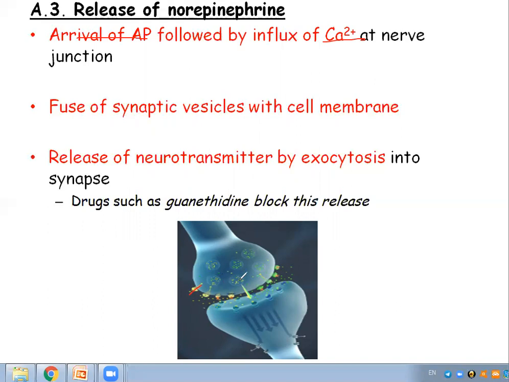Then the vesicle fuses with the cell membrane of the presynaptic neuron, causing the release of the neurotransmitter into the synapse by a process called exocytosis. This step can be inhibited or blocked by a drug called guanidine.